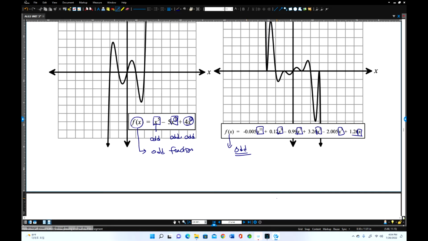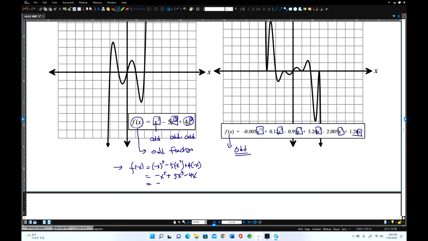Or you can prove it, right, f of negative x. If they're asking you to prove algebraically, you have to solve it this way, okay? Put negative x in: negative x to the 5, 5 times negative x cubed, 4 times negative x. What do you got? Negative x to the 5, positive 5x cubed, minus 4x.